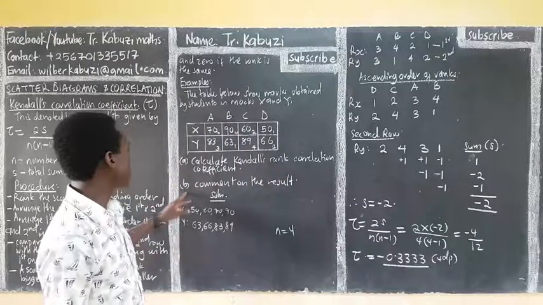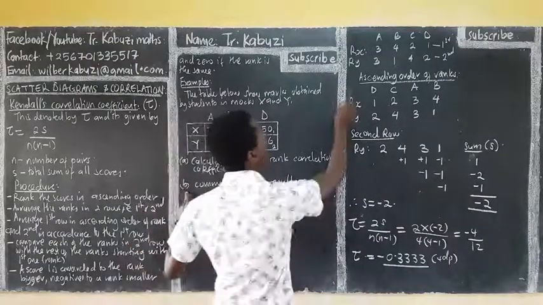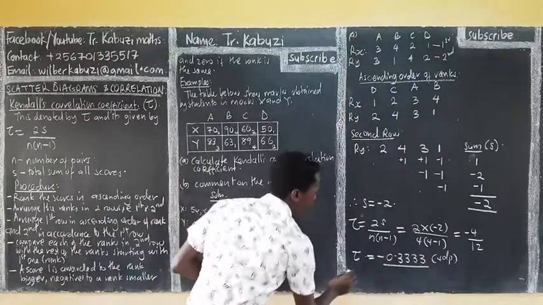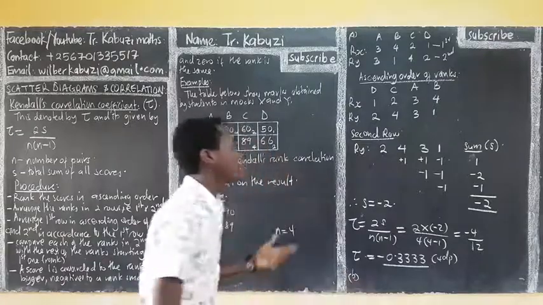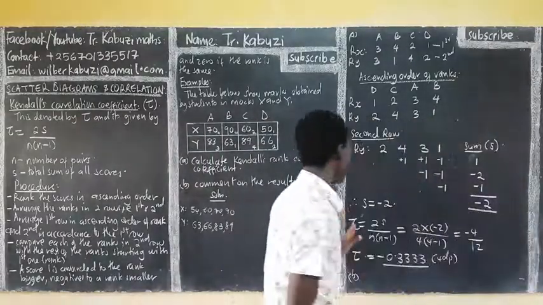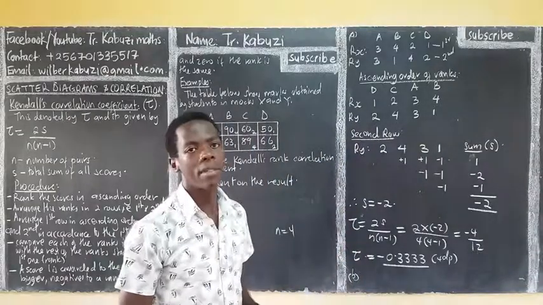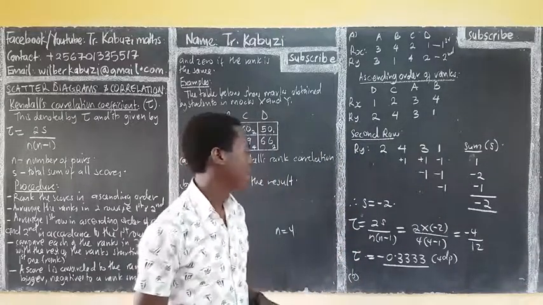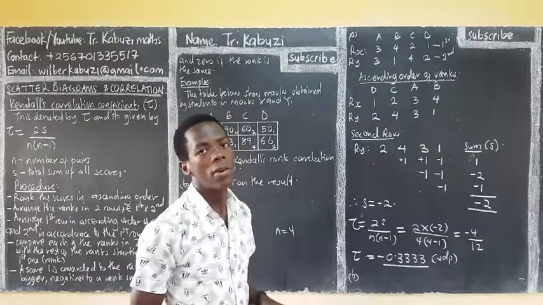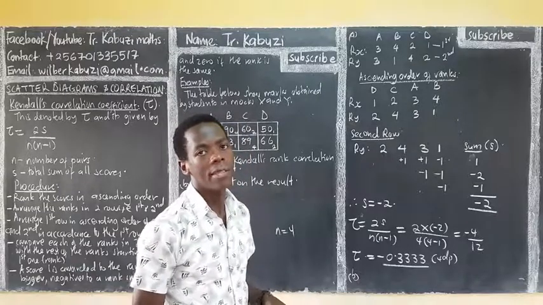Then to comment on it, so this was our part A. Then part B, how do we comment? Remember our comment: between 0 to 0.19 is very poor, and between 0.2 to 0.39 is poor.